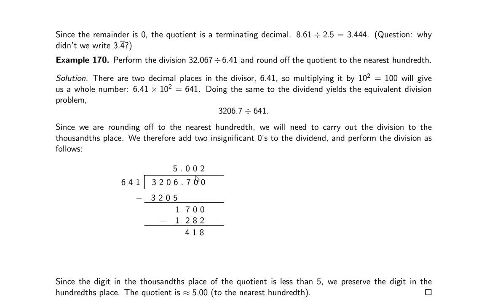So to 3 places, it's 5.002. There are more digits here. It keeps going, but we have enough here to round it correct to the nearest hundredth.